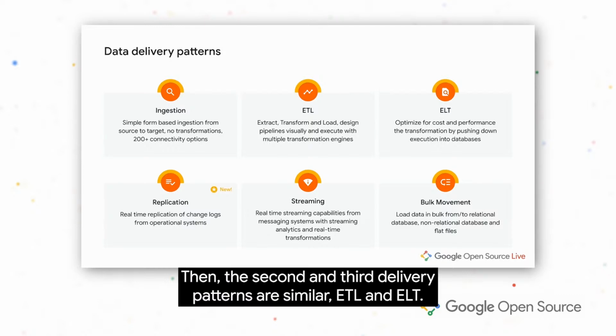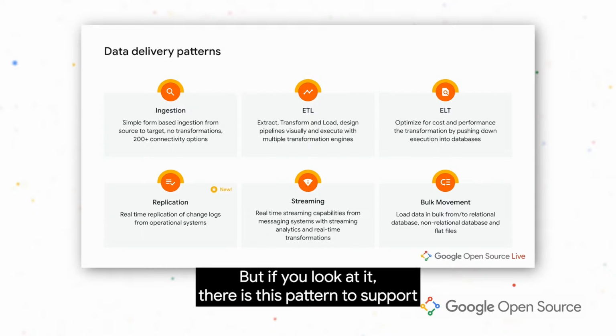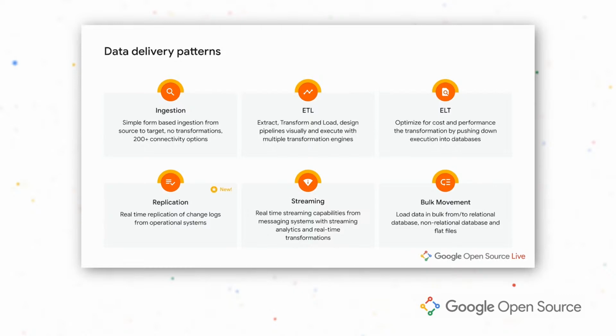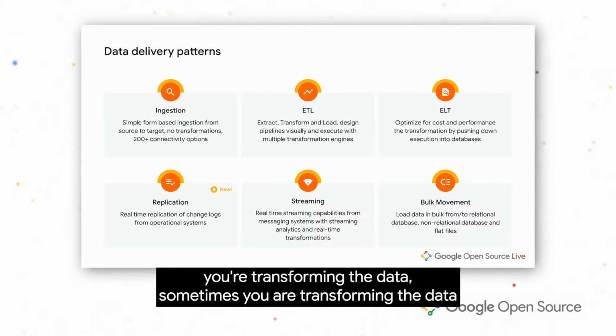Then the second and third delivery patterns are kind of similar, ETL and ELT. I know we use them in various different contexts, but if you look at it, this pattern is to support building of enterprise data warehouses, data marts, and data lakes, and what you are trying to do is extract the data and transform the data.